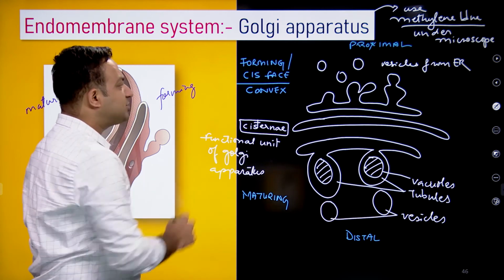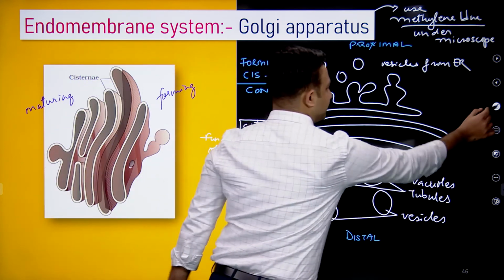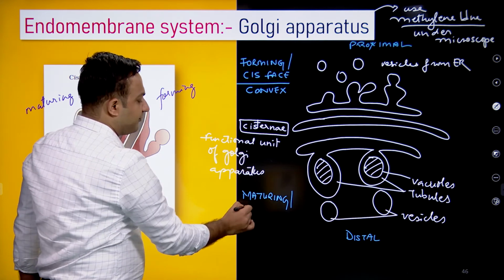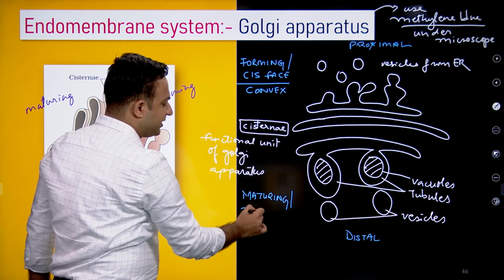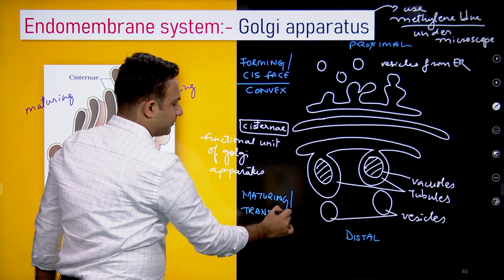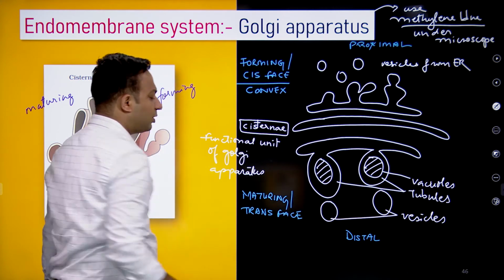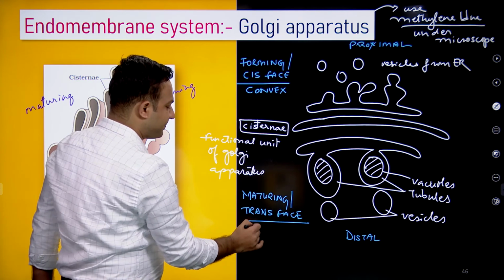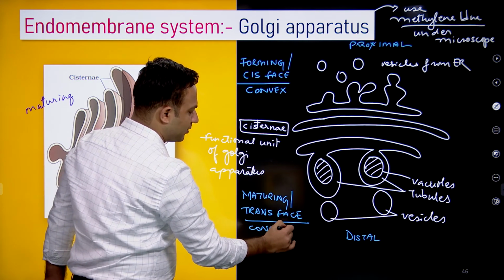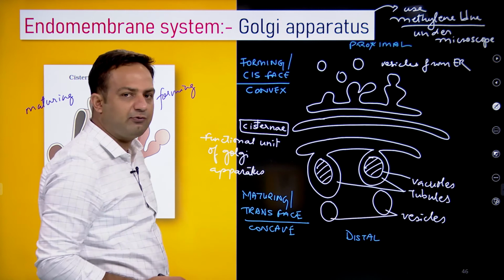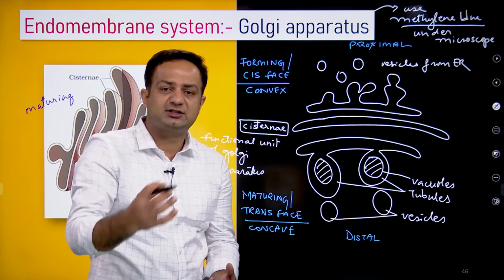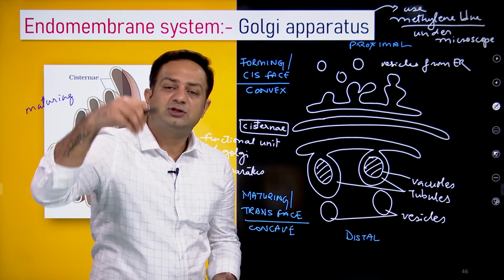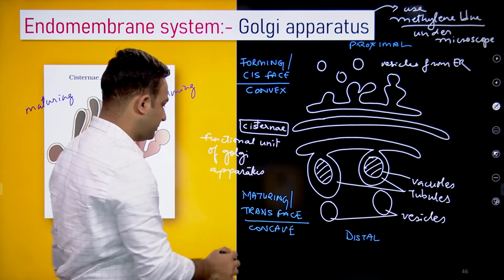So, the maturing phase is the one which is, if that one is cis, this will be trans. Not phase, face. And from the surface it is appearing concave. Wait, not only concave, it is having some holes in it, just like coffee mug froth appearing with several holes or a network.